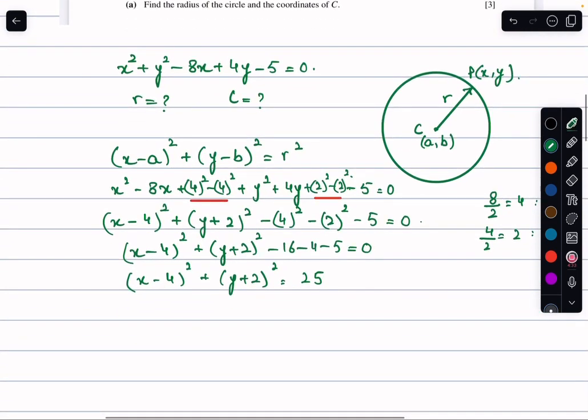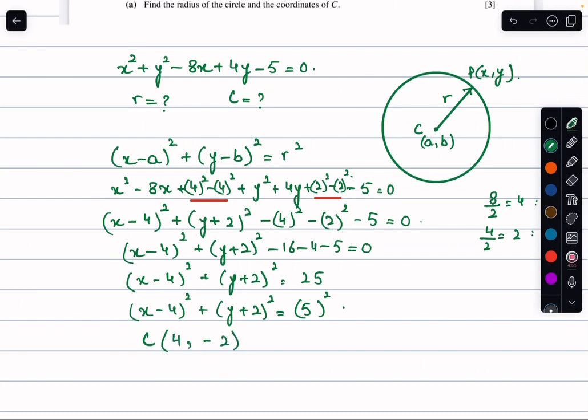Or solving it further, this is x minus 4 the whole squared plus y plus 2 the whole squared, which is equal to 5 the whole squared. That means the center of the circle is 4 and negative 2, and the radius shall be equal to 5. So this is how I will be getting the center coordinates as well as the radius of the circle here.